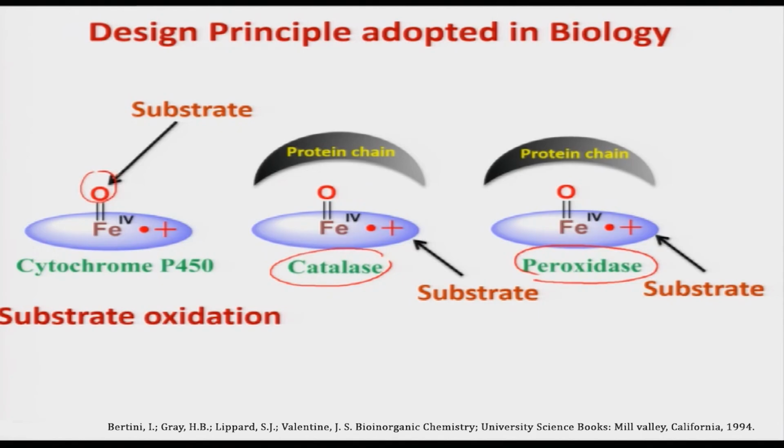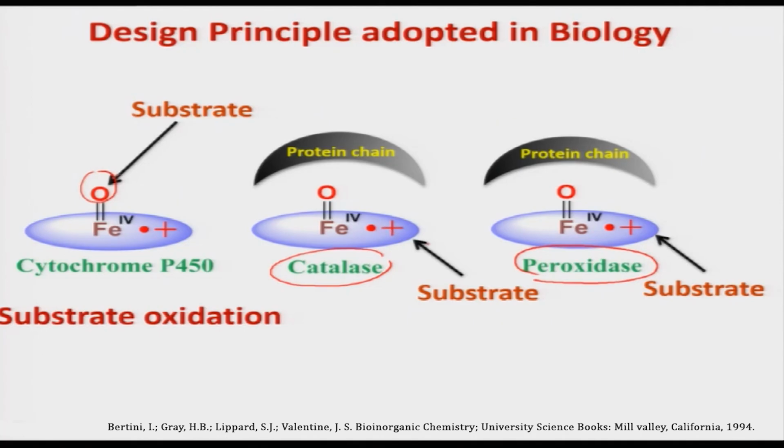In contrast, in the case of catalase and peroxidase, the protein chains are actually blocking this oxo group, so that the substrate cannot come close to the oxo group. However, the substrate can come close to the porphyrin periphery, and as you can see, the porphyrin is a cation radical.